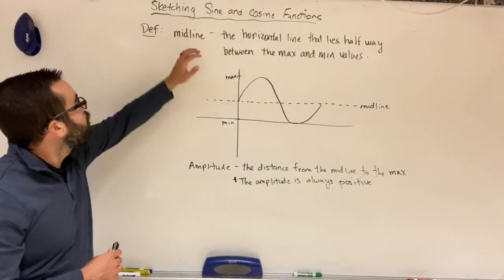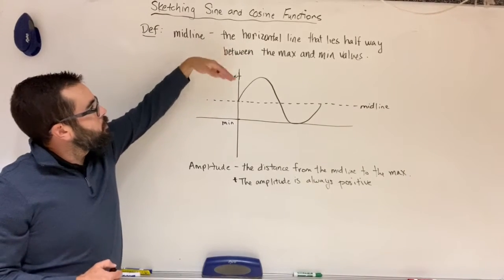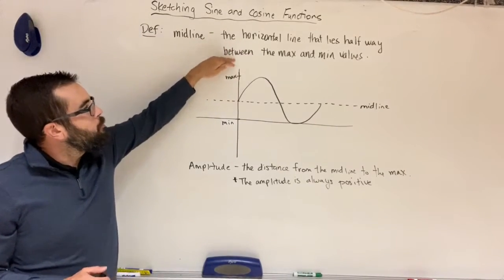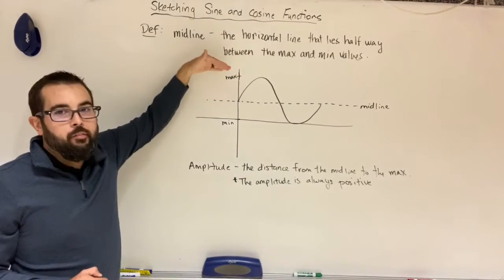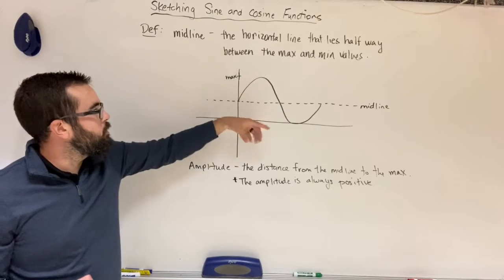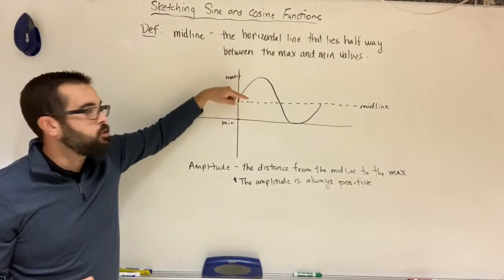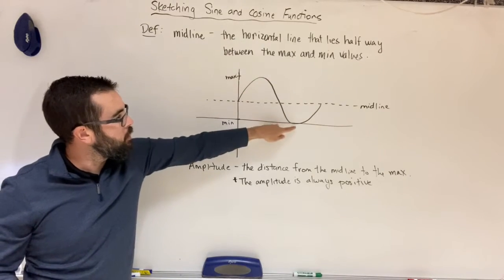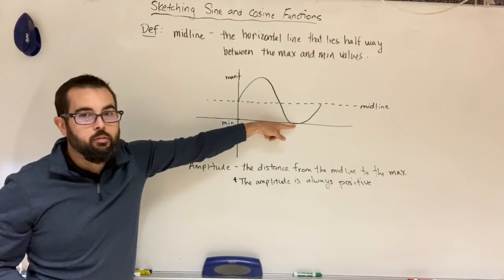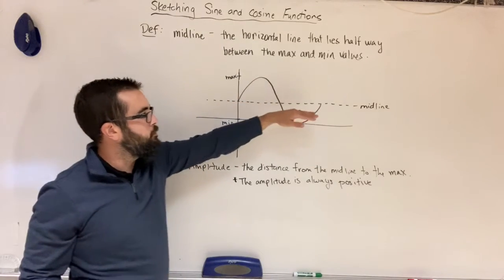Next, we need to define what a midline is. A midline is the horizontal line that lies halfway in between the max and min values of your function. So again, we have a sine function that's been translated up. Our max is here, our min is on the x-axis at y equals 0. So the midline is going to be the line that cuts that graph directly in half.